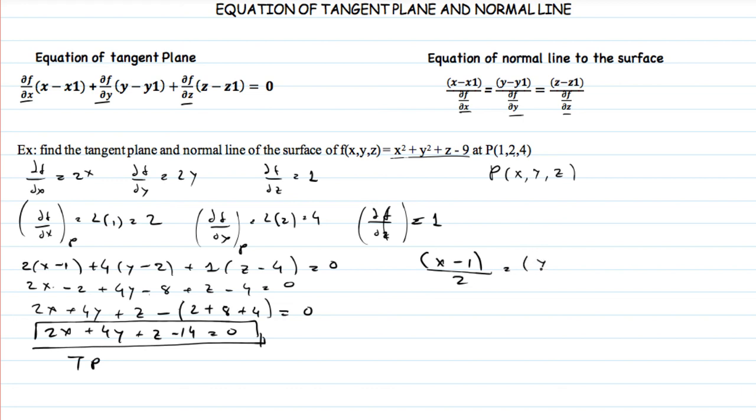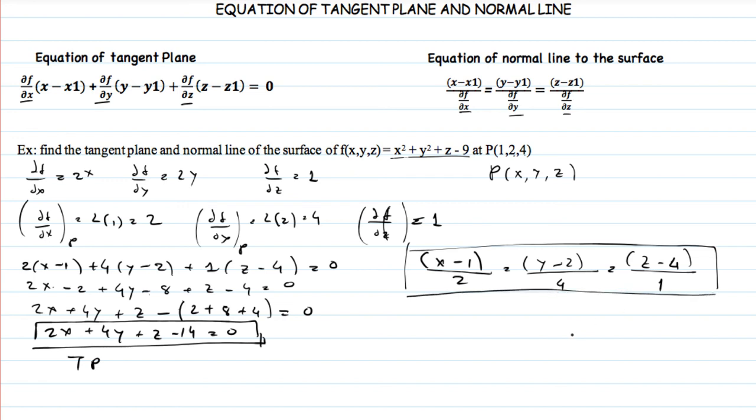Then we have y minus 2, with the partial derivative 4, and finally z minus 4, with the value 1. This is the equation of the normal line, and it's done.